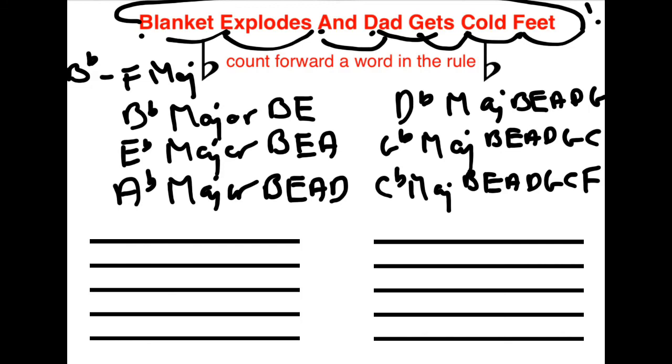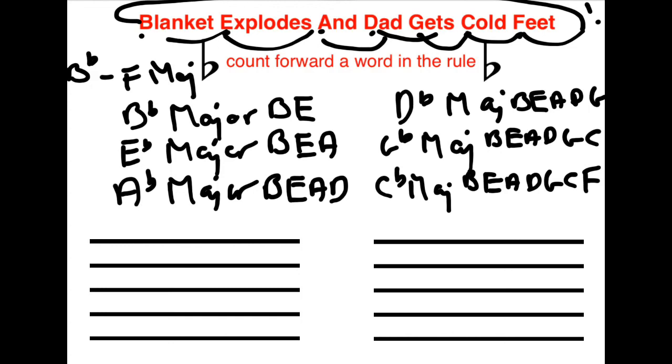So that's how I remember which rule I should use, the flat rule or the sharp rule. Anything that has flat in the name uses the flat rule. In addition, you have to remember F major. And anything that doesn't have flat in the name uses the sharp rule. So A major, B major, D major, G major, F sharp major, C sharp major, they all use the sharp rule. So that's basically those two rules.